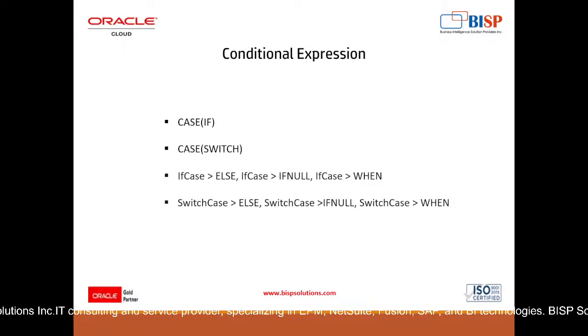Now let's see the expression case if. Let me tell you an example. Case when score par is less than 0, then under par. This is a condition: when score is less than 0, the string will be output as under par.